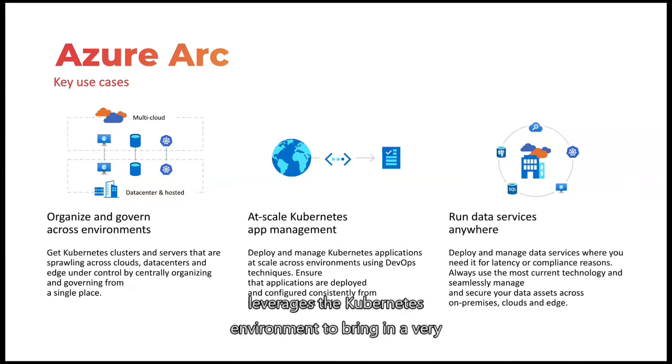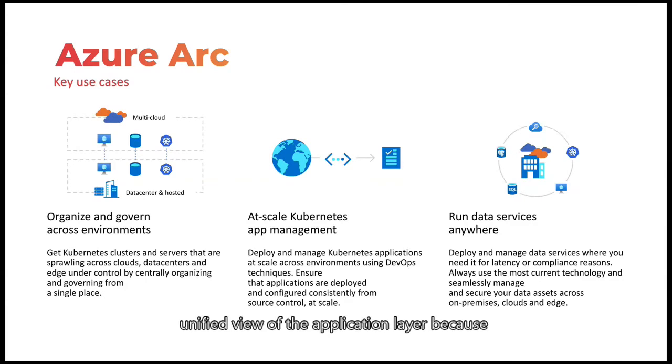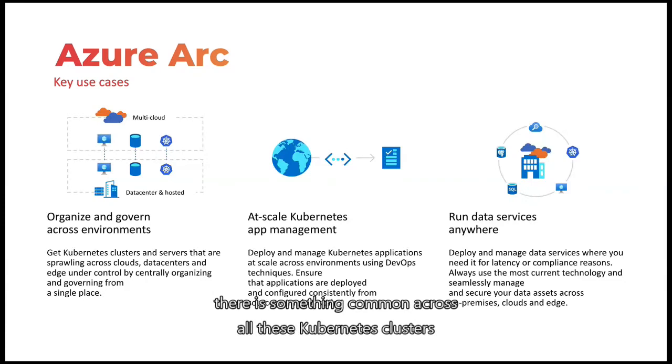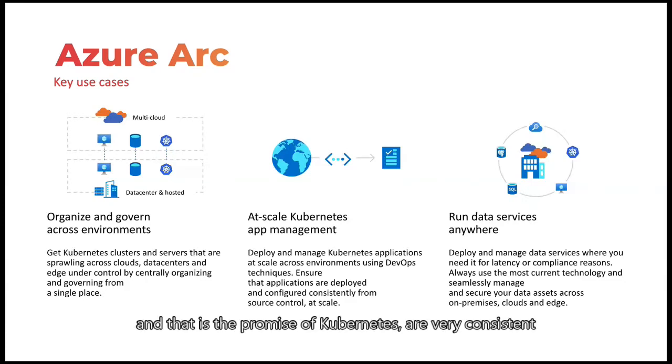It also leverages the Kubernetes environment to bring in a very unified view of the application layer, because irrespective of where Kubernetes is running, whether it is Amazon EKS or Google GKE or AKS or a DIY cluster running on-prem, there is something common across all these Kubernetes clusters. And that is the promise of Kubernetes, a very consistent, very conformant API, irrespective of which flavor of Kubernetes you are running.